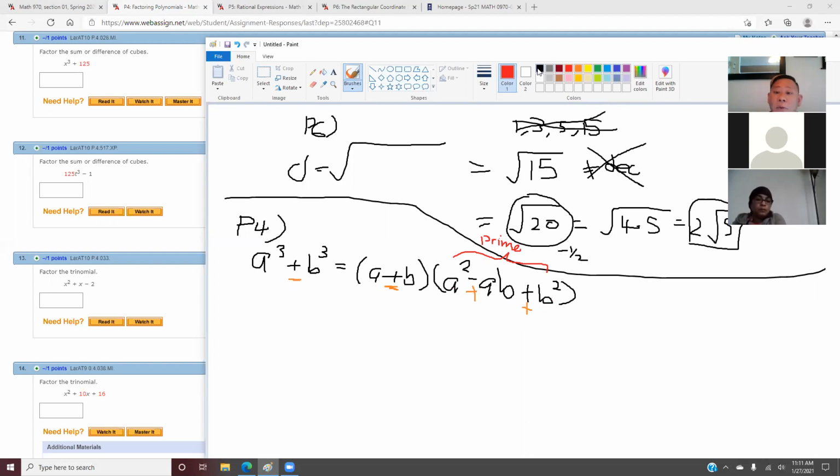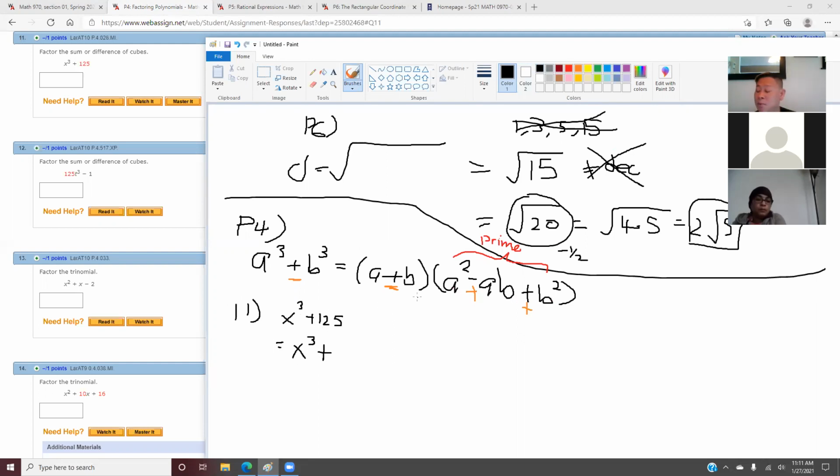Okay, so if you want to ask how do we do question number 11, which is x cubed plus 125. The first thing first is you have to write this as a perfect cube. So this is already a perfect cube, x cubed. Can someone tell me what is the perfect cube of 125?